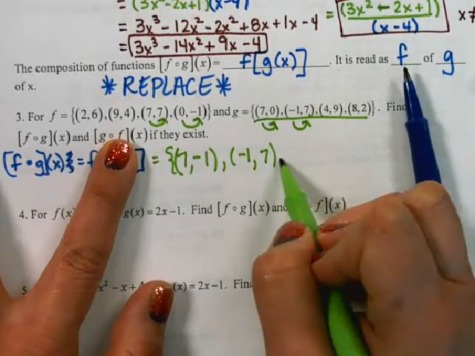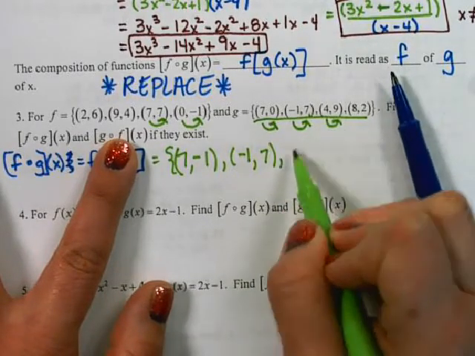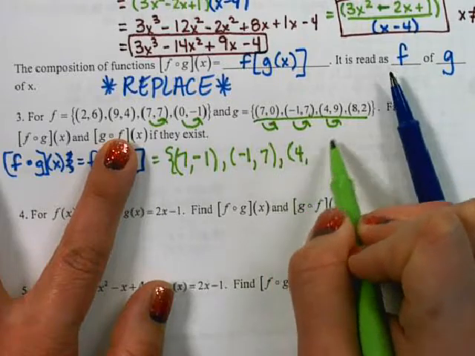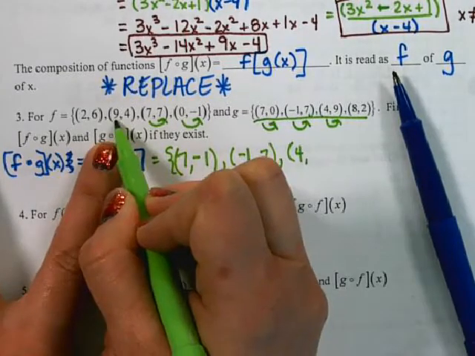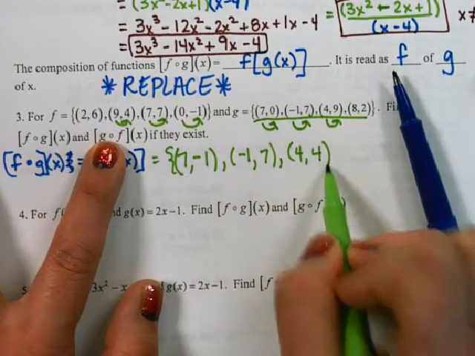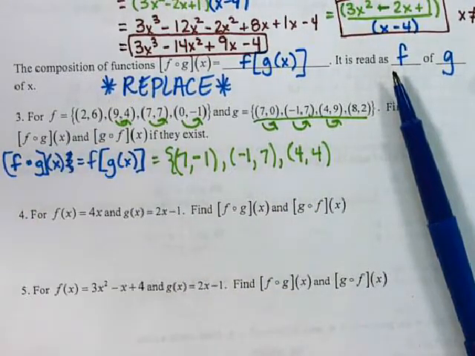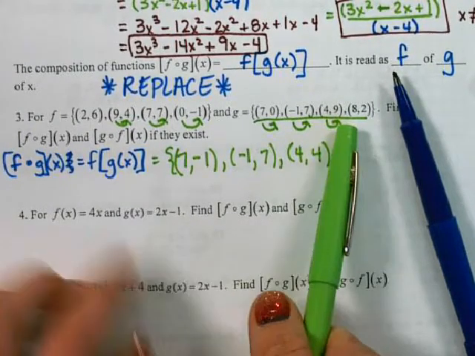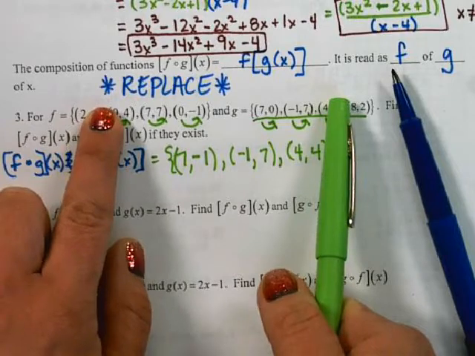Okay, next one. 4 goes to 9. Switch functions. 9 goes to 4. You're kind of cutting out the middleman, right? 4 goes to 9, 9 goes to 4. I get rid of the 9s.